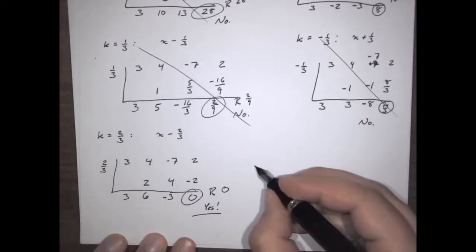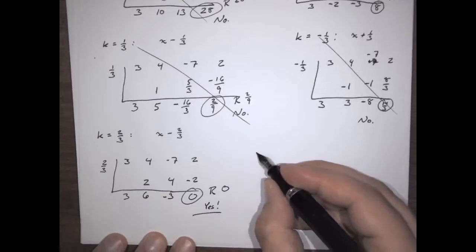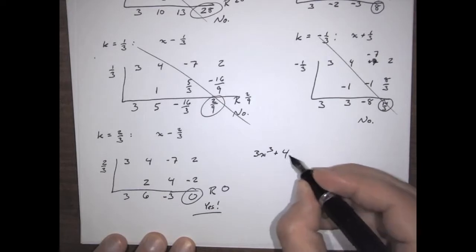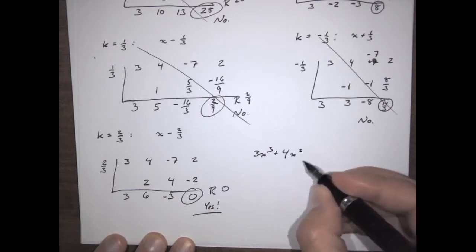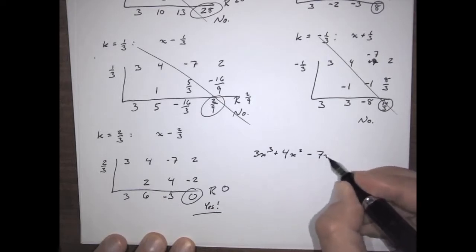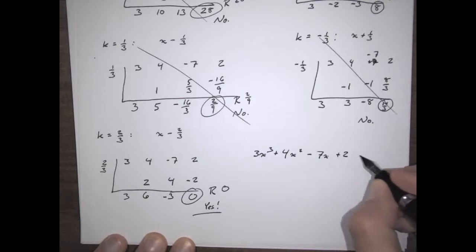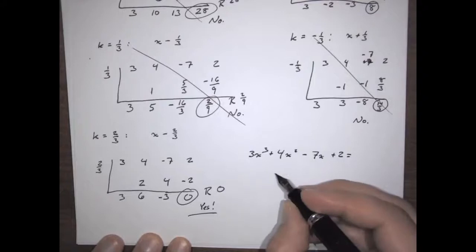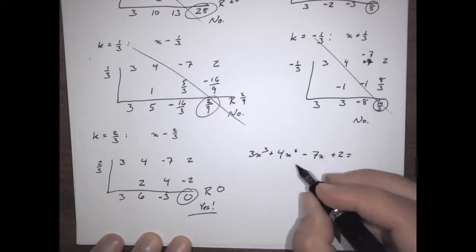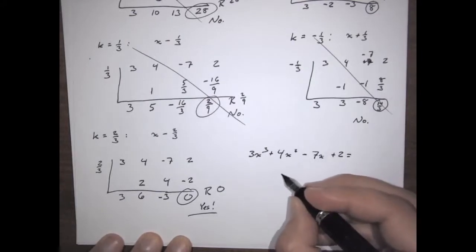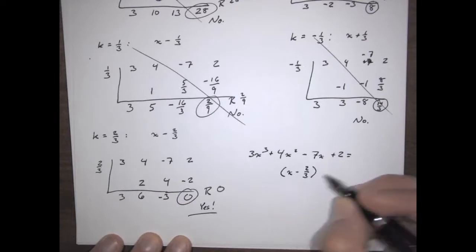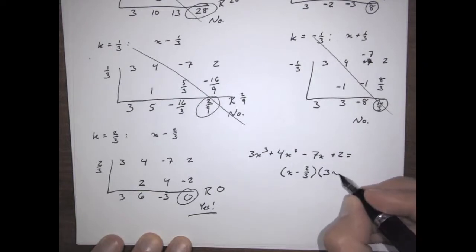So that means that our original polynomial 3x cubed plus 4x squared minus 7x plus 2 is equal to x minus 2/3 as one factor, and then the other factor would be 3x squared.